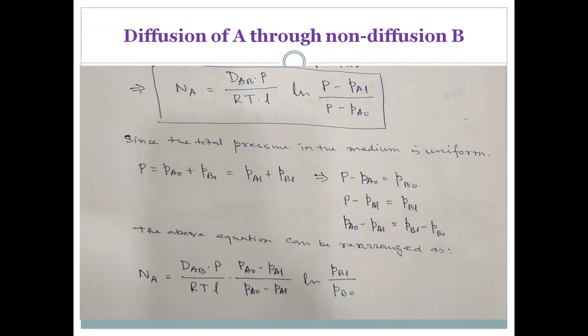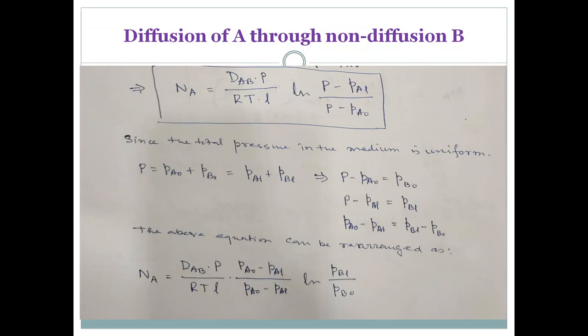Then the pressure within the vessel will be 1 atmosphere. Now if the partial pressure of A increases, then that of B will decrease, and when the partial pressure of B decreases, then that of A will increase.